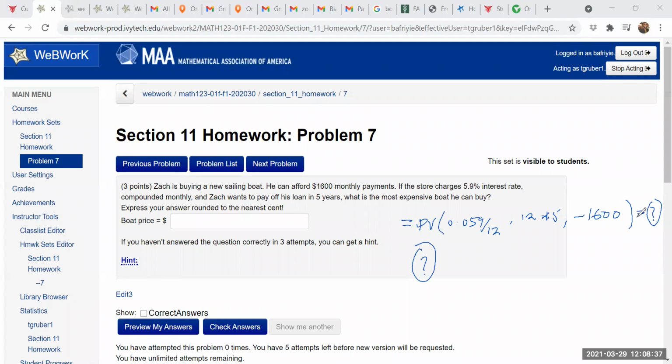So you don't need to add anything. So that will give you how much loan Zach can afford, knowing what he wants to pay every month. Are we Gucci? Okay. Let's go to problem number 8. Now, problem number 8.